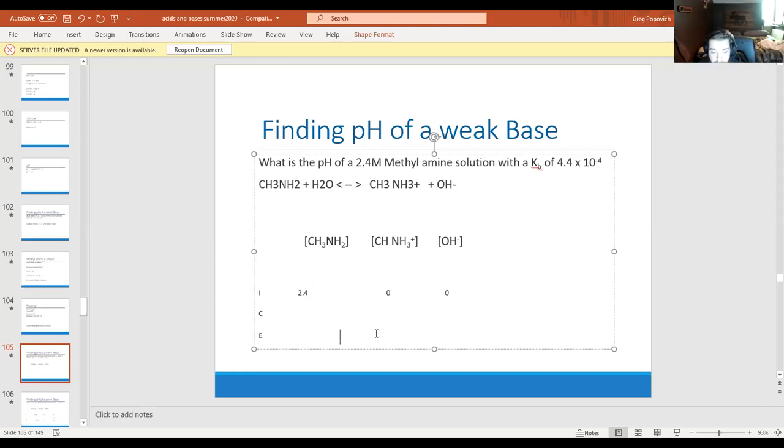It's going to be 2.4 minus X, and then it's just going to be X and X. Basically, I knew I produced X amount of this and X amount of this. That gives me a plus X here and a plus X here. That means that I got a minus X there. That's how I generated my three numbers.